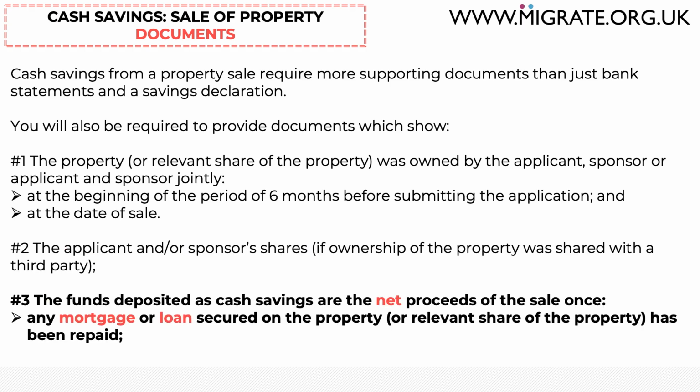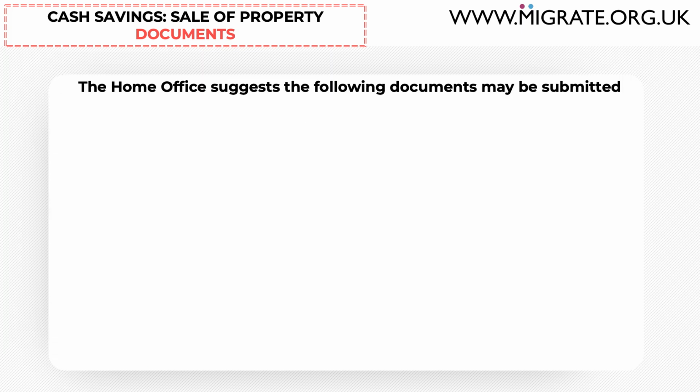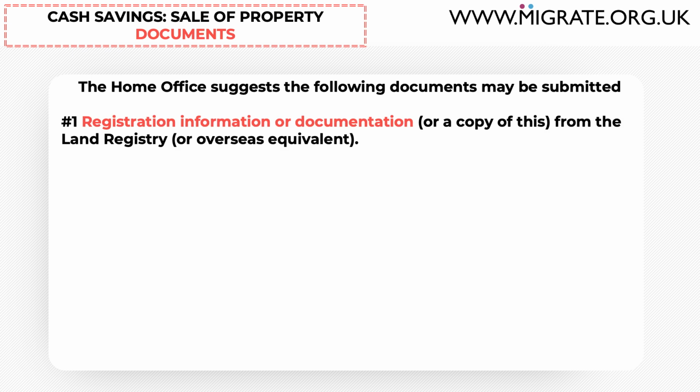And 3. The funds deposited as cash savings are the net proceeds of the sale, once any mortgage or loan secured on the property has been repaid, and once any taxes and professional fees associated with the sale have been paid. The Home Office suggests the following documents may be submitted to show this. 1. Registration information or documentation from the Land Registry or overseas equivalent. 2.